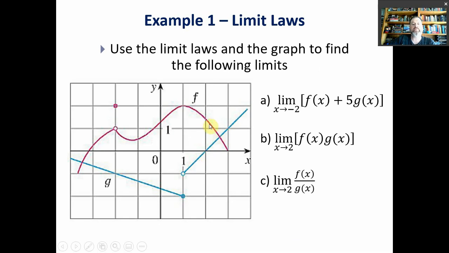This function is getting bigger, but it's getting closer to 1.5. So what we have coming from the right is a number close to 1.5 divided by some very small positive number, right? And so on your calculator, you can type 1.5 divided by a very small positive number, and you're going to get a big positive number, right?